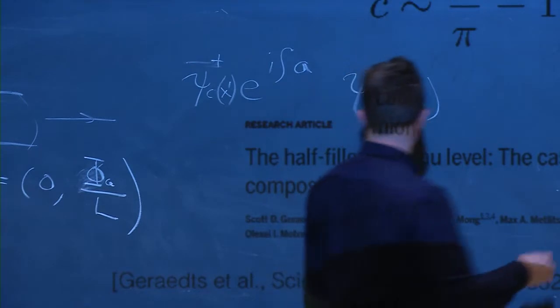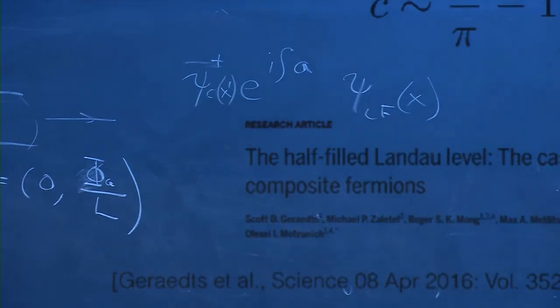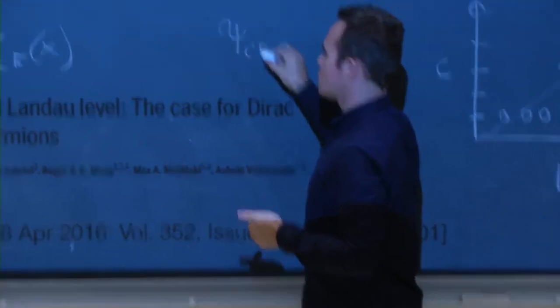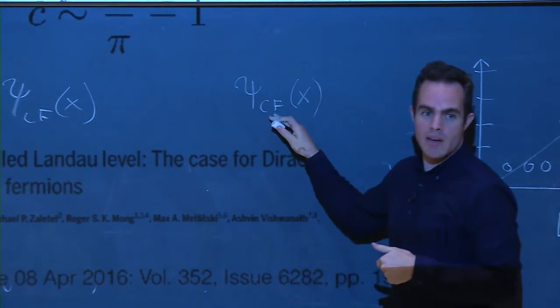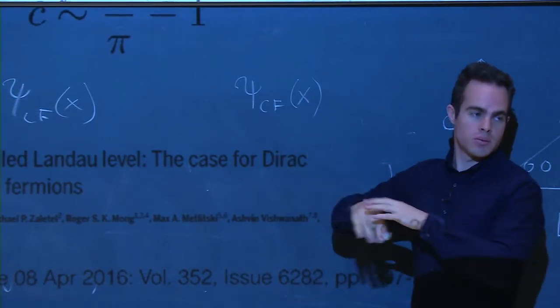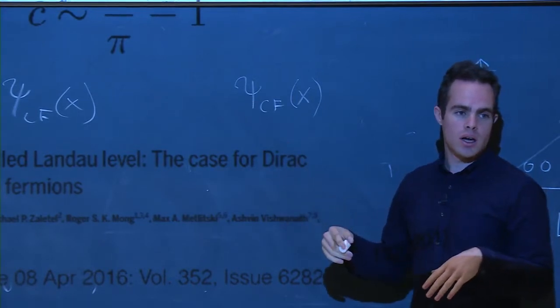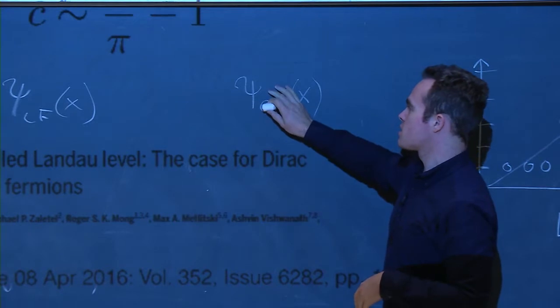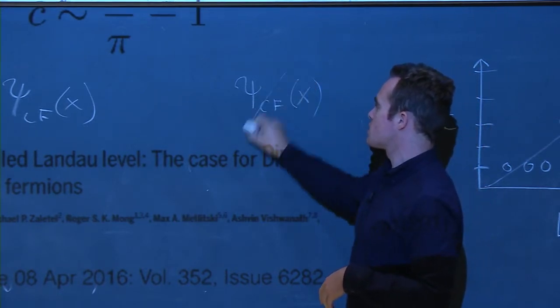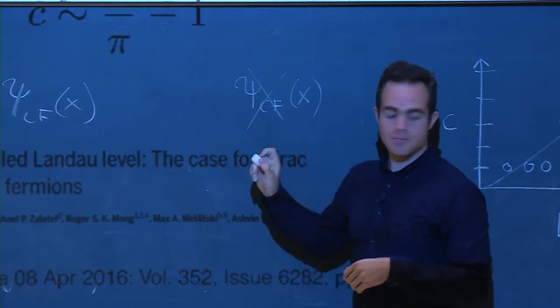But what you're not really allowed to write down is a term where you create a single, in this case, say, composite fermion. This doesn't have any expression in terms of local operators in the microscopic theory. So it's sort of like you can think about this operator, but it doesn't really exist microscopically.